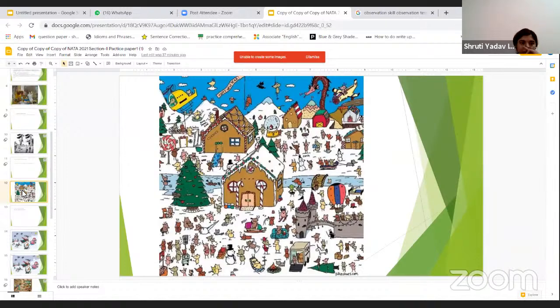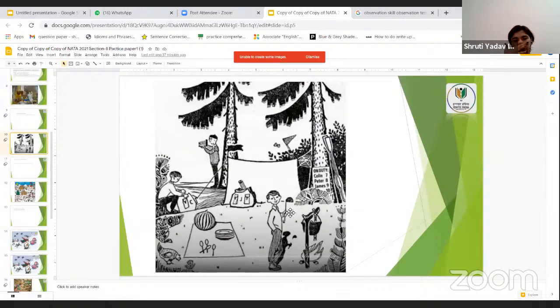So I tried to get images with a lot of different elements. For this particular image, can you figure out how they got to the place? Can you make correlations like this?